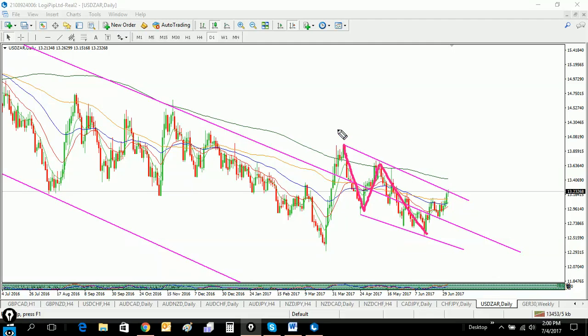We are at the top of the smaller structure at the moment on the daily time frame. What happens here is very important in terms of whether we're going to see the break now or whether it's possible that we will see a move down from here first. In other words, we'll see that 4 and 5 wave completion before the break, which is also a possibility. It is possible that we will see that pullback first before the break.